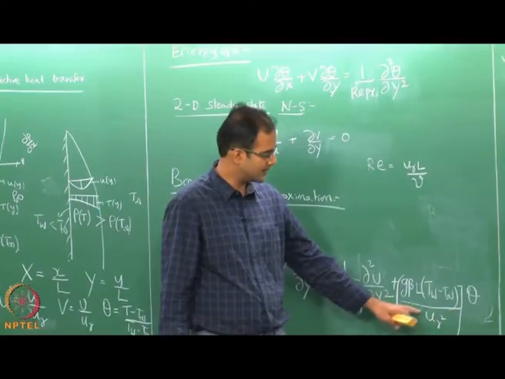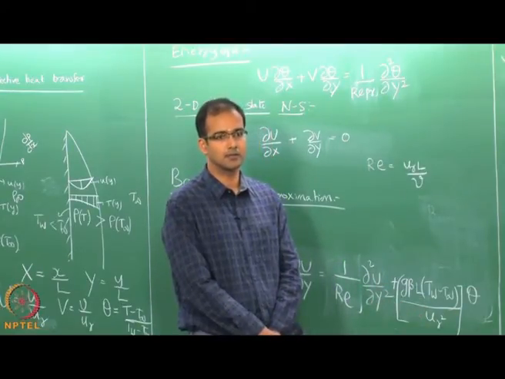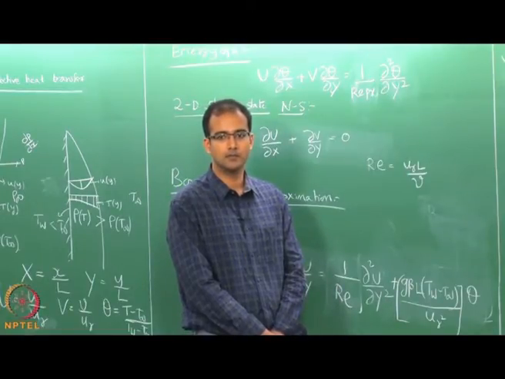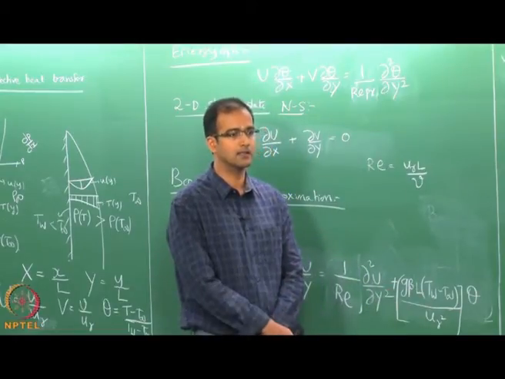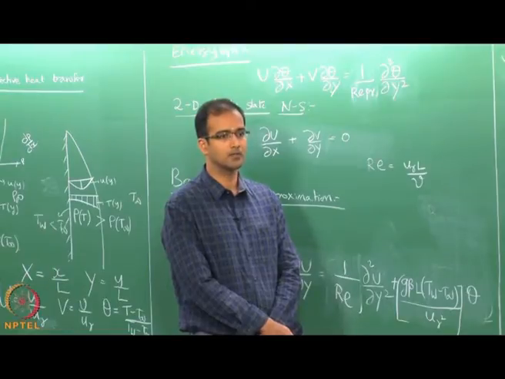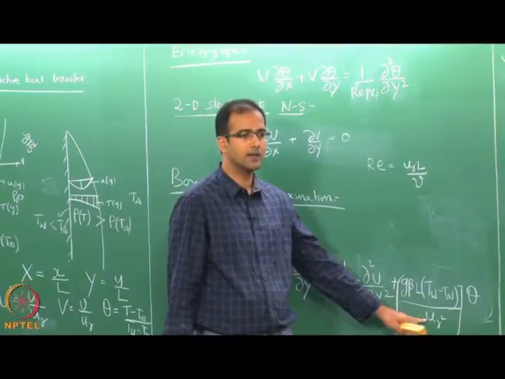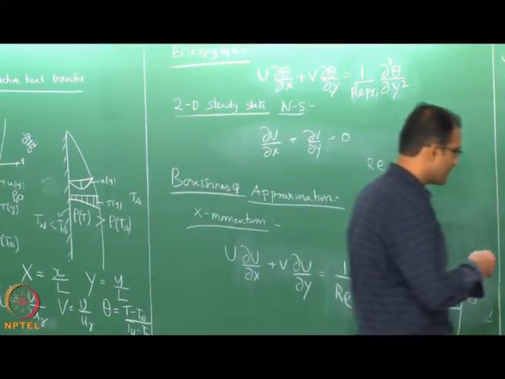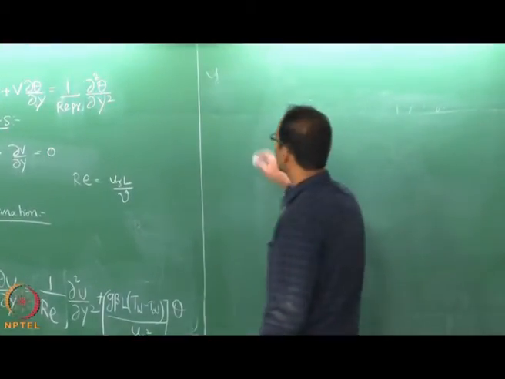Okay. Now, this represents the ratio of two forces. The numerator is nothing but the buoyancy force. Okay. Your g beta into T wall minus T infinity is nothing but the density difference, rho minus rho infinity, and the denominator is your inertial force. Okay. So, we will now define a non-dimensional number in natural convection.